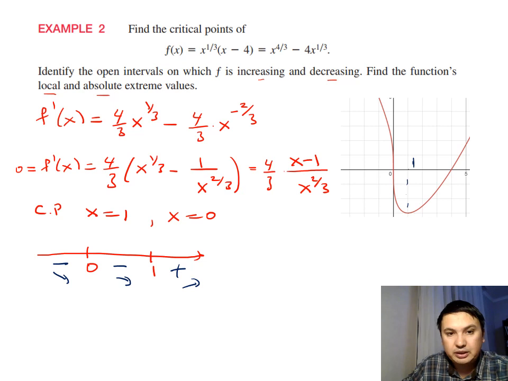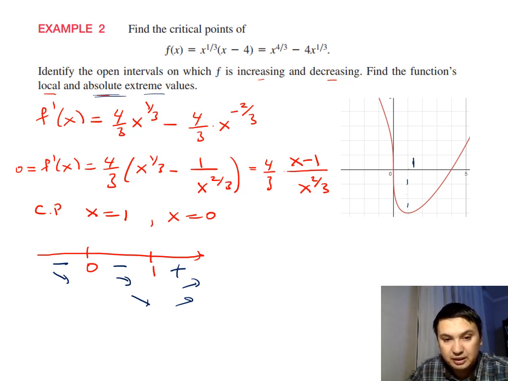Okay, now, how do we investigate absolute extrema and local extrema? Well, first of all, let's investigate the local. So what we see here, my function decreases and then increases, right? And at 1, I know the derivative is 0, it's a critical point.